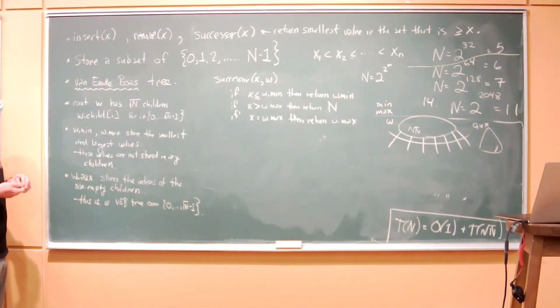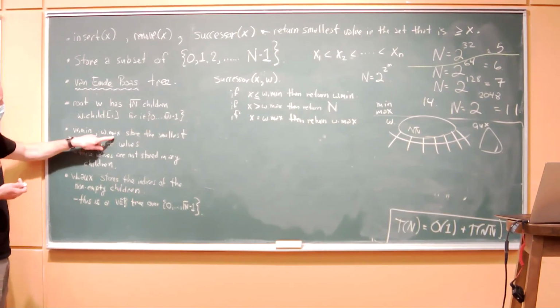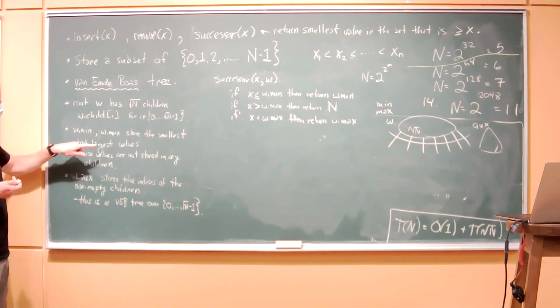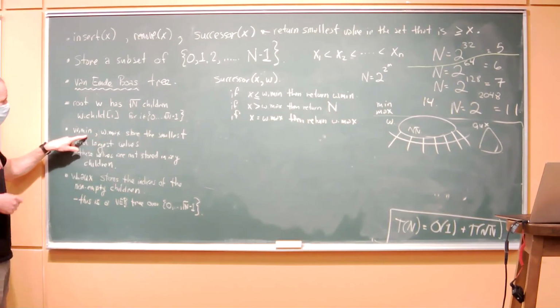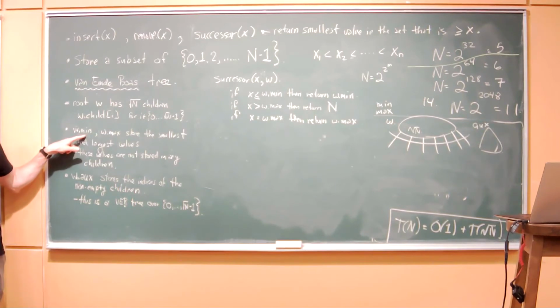And maybe I should point out one little convention. I said w.min and w.max store the smallest and largest values. I didn't say what happens if there are no values in this tree.